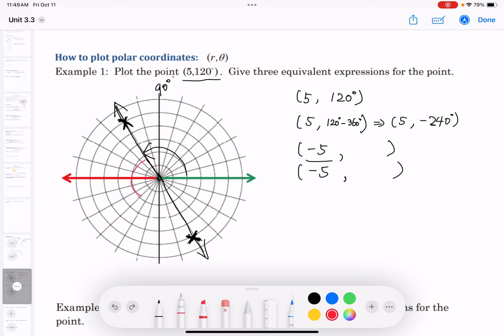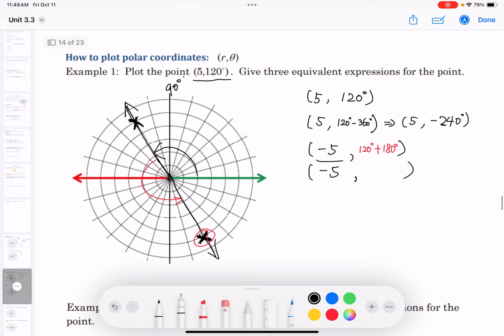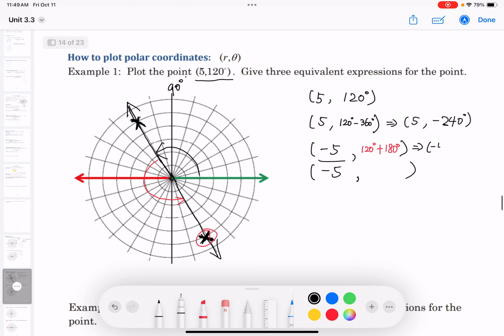From here to here plus 180. So it is my angle here. So 120 degrees plus 180 degrees. So the point is (-5, 300 degrees).